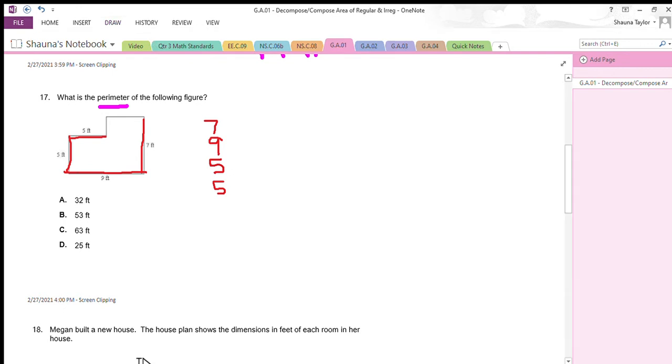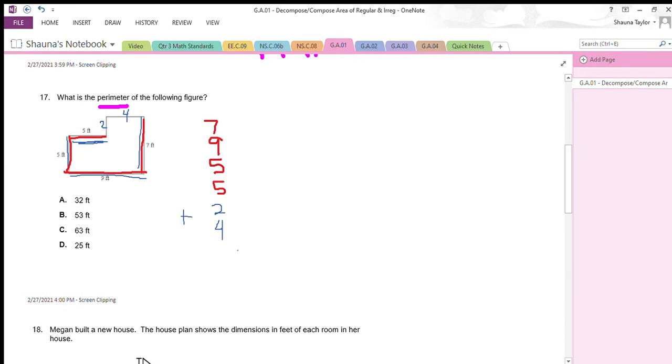Okay, so let me see. I know that if from here to here is 9, but from here to here is 5, I'm just going to subtract those numbers and it'll give me the amount for here. So I know that 9 minus 5 is 4, so this is 4. And then this way over here, see how this is 7, but this is 5? So subtract those. So 5, 6, 7. So that's a 2. So now I know my 2 other numbers. So I'm going to add that 2 over here, and I'm going to add that 4 here.